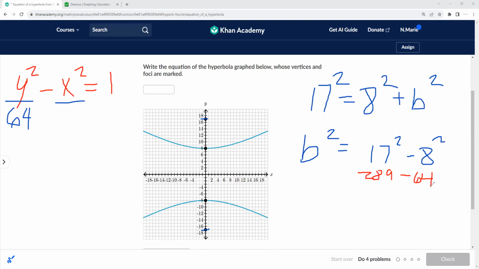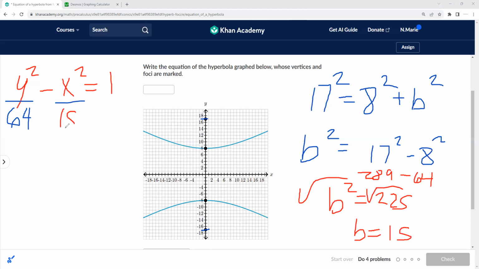And so 289 minus 64 gets you 225. So b squared equals 225. I keep jumping ahead of myself. So b is the square root of 225, which is 15. So b is 15.